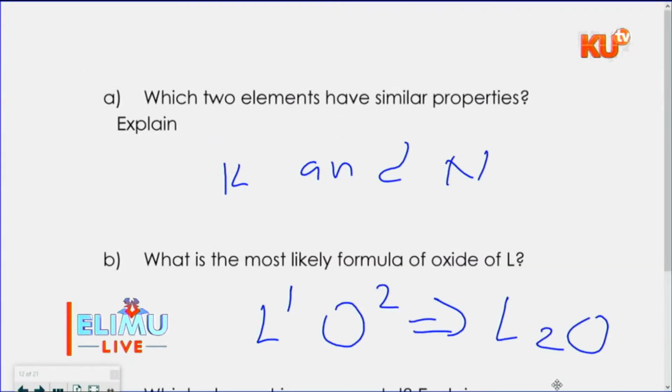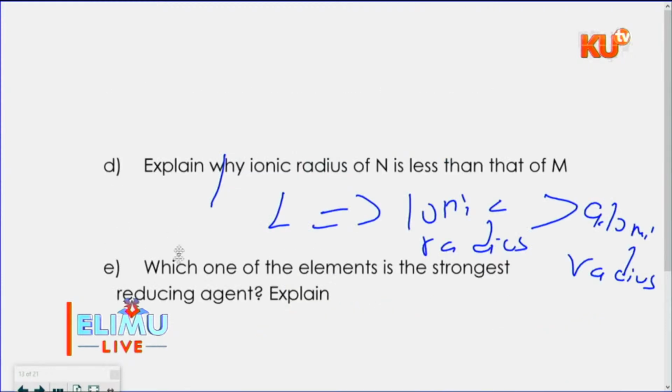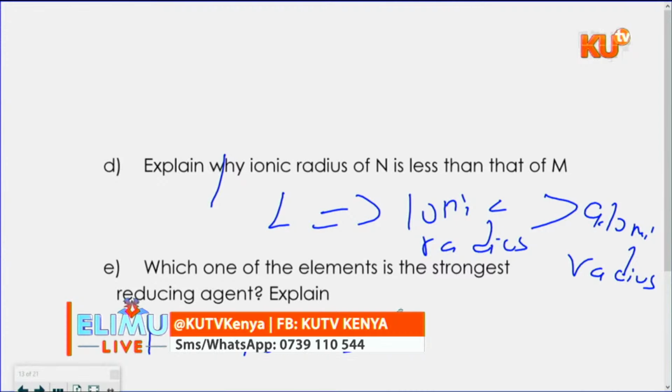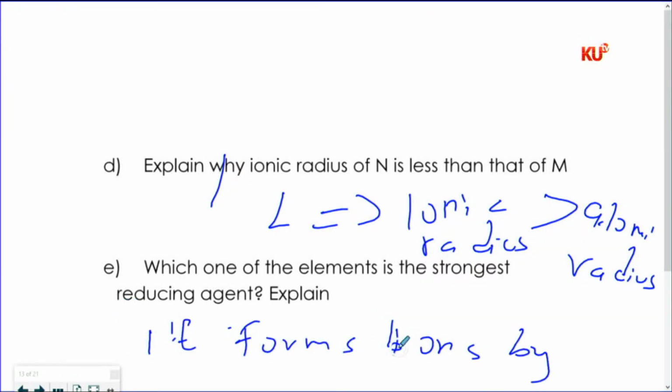So if you go to the question, your answer should be, it forms ions by losing electrons. That explanation, I hope it's clear at home. It forms ions by losing electrons.